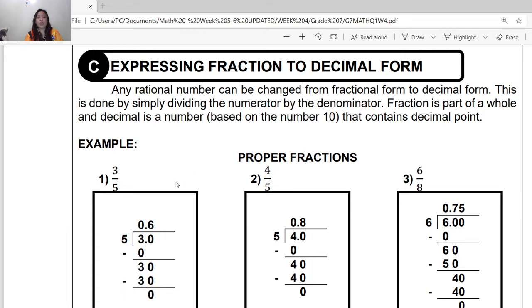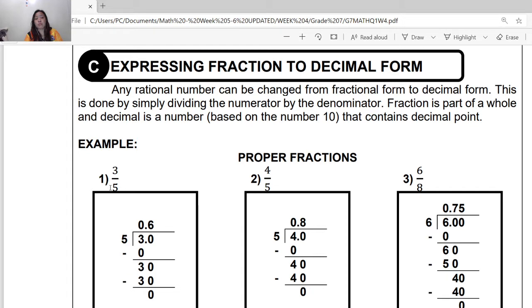So how are we going to express fraction in decimal form? Here are some examples. We have proper fractions. Why do we call these proper fractions?